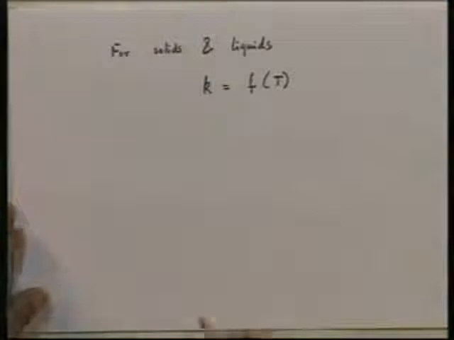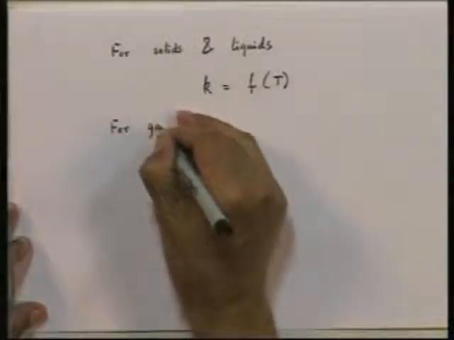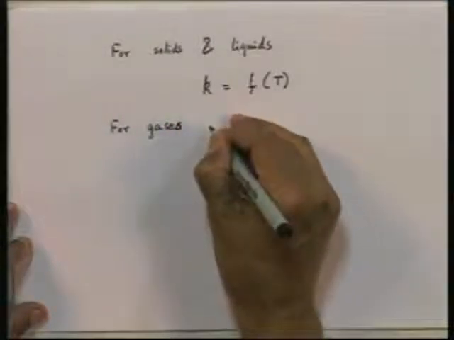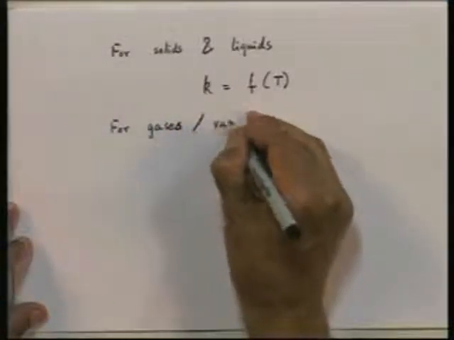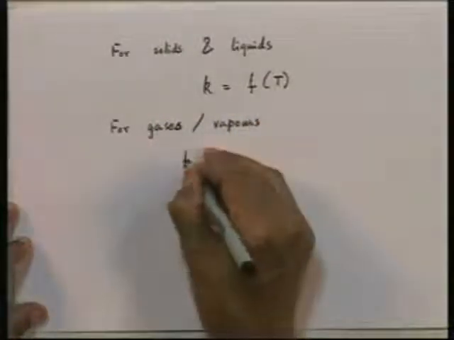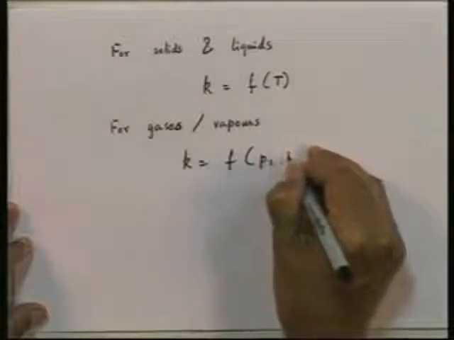And for gases like air, for gases or vapors like steam, k is a function of pressure and temperature.